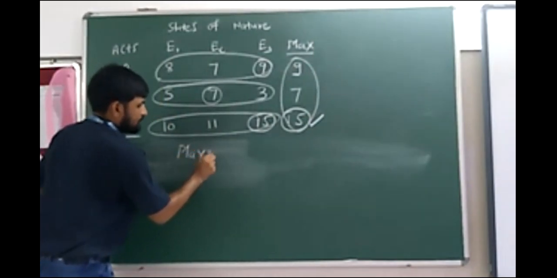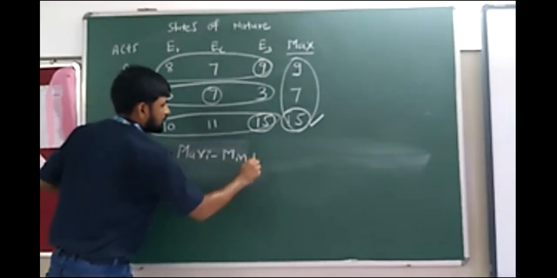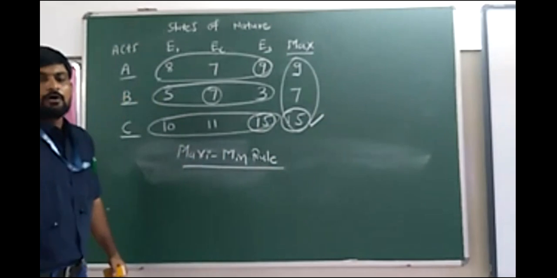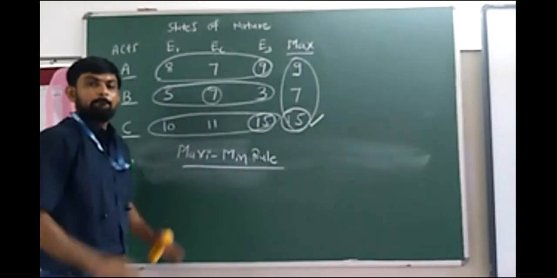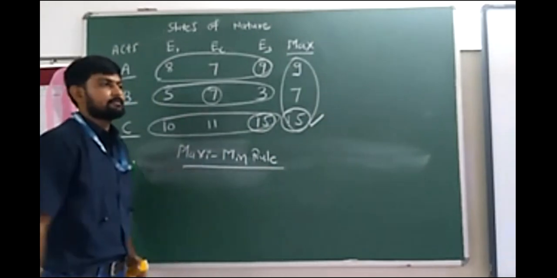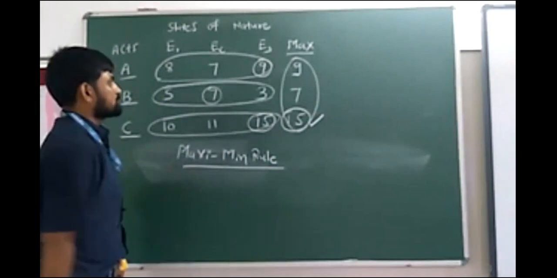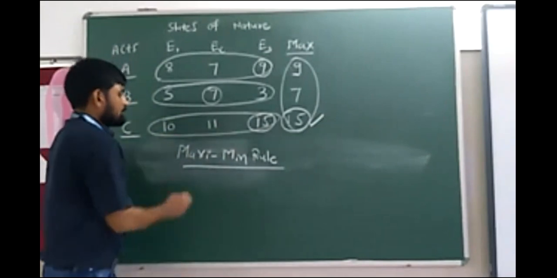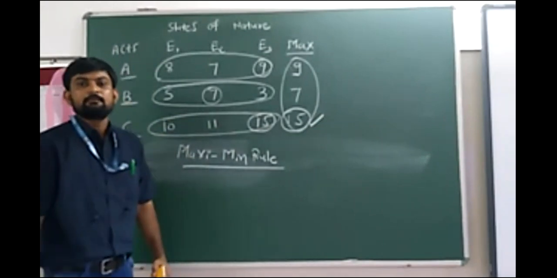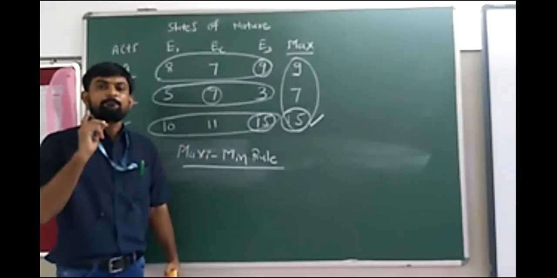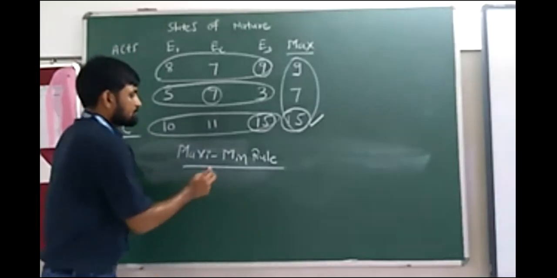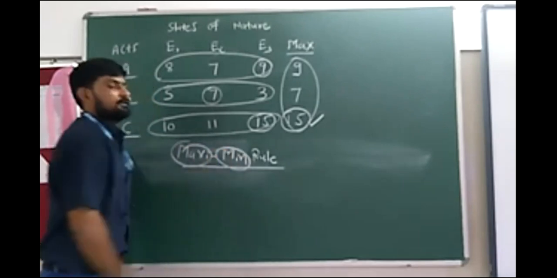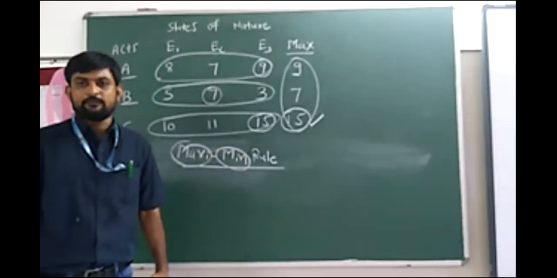So next is Maxi-Min criteria or Maxi-Min rule. How can we select the best act using these criteria? Let us try to understand using the same question. Here a decision maker will select that act as the best act which has the maximum of the minimum payoff or profit.